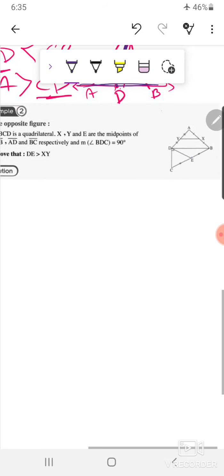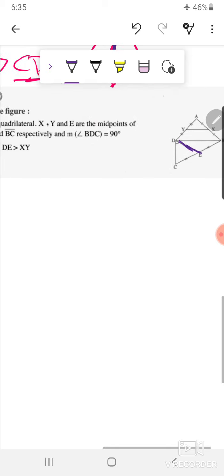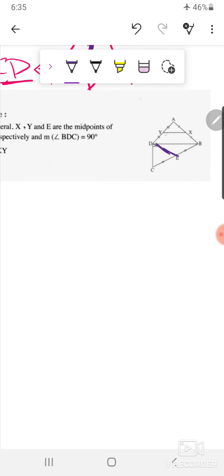Prove that DE, which one is DE? This side, DE, is greater than XY. Okay, I said the sides, so I must prove the measure is greater.